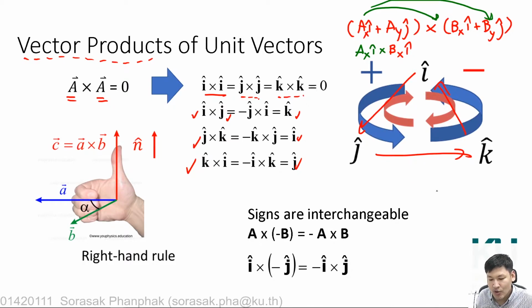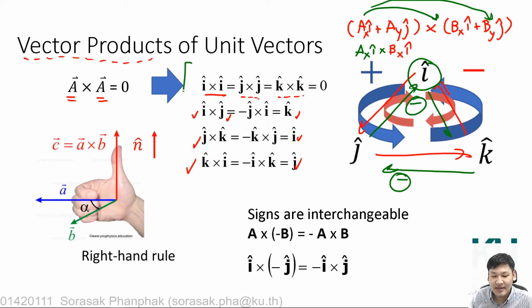But if you reverse the order, if you do k cross j, you get i but with a negative sign. If you have i cross k, you get j but with a negative sign. This is how you use the properties or identities of the vector products to identify the resultant vector from the unit vector cross products.